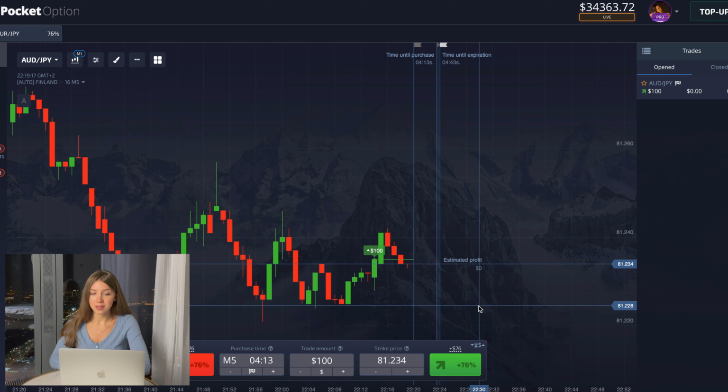But look what happened. The rebound was immediately followed by the breakout, and here is a good signal.